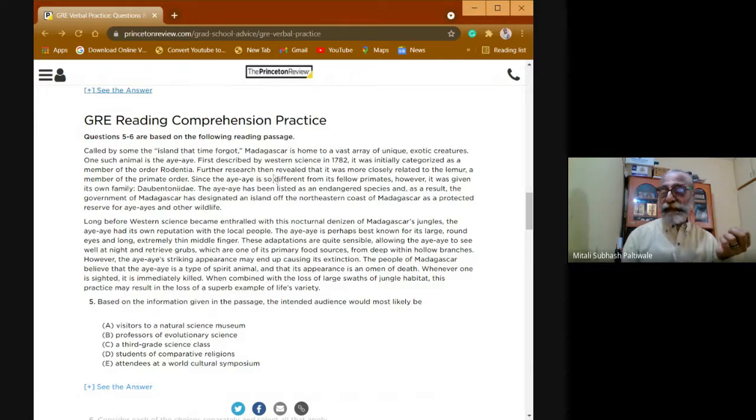Further research revealed that it was more closely related to the lemur, another species of animals. So the aye-aye was closely related to the lemur.